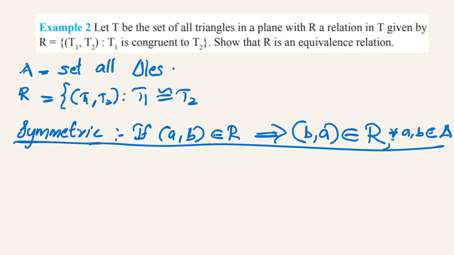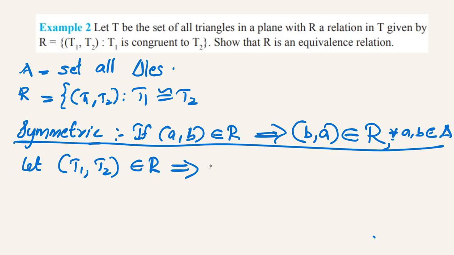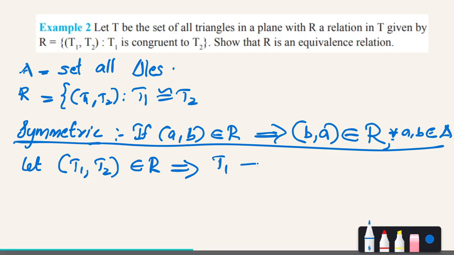So here we have to consider, let the ordered pair (T1, T2) belong to R. If (T1, T2) belongs to R, then we can say that triangle T1 is congruent to T2.